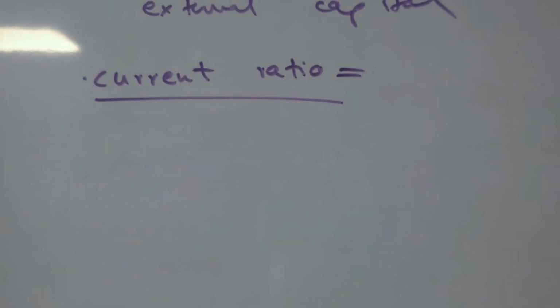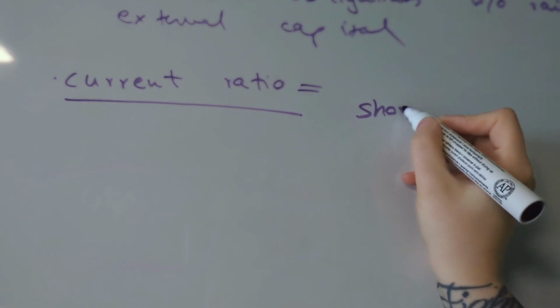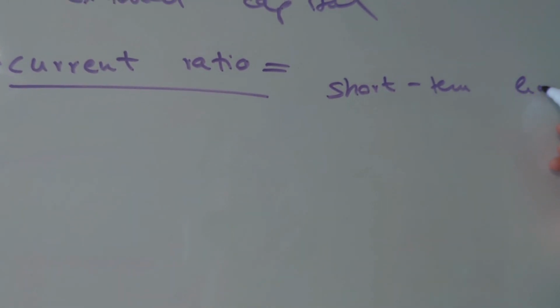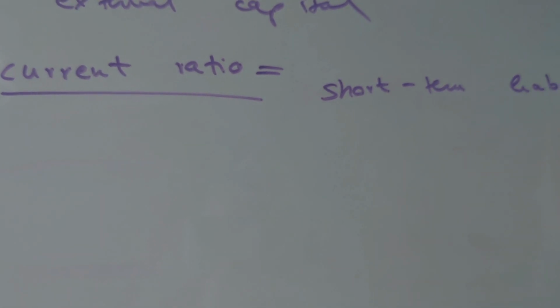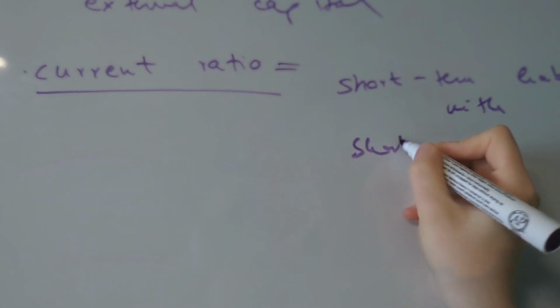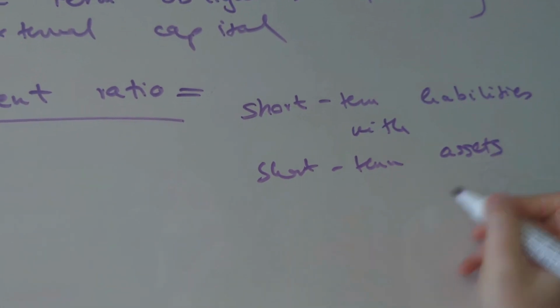Current ratio shows your ability to pay off any short-term liabilities with your short-term assets.